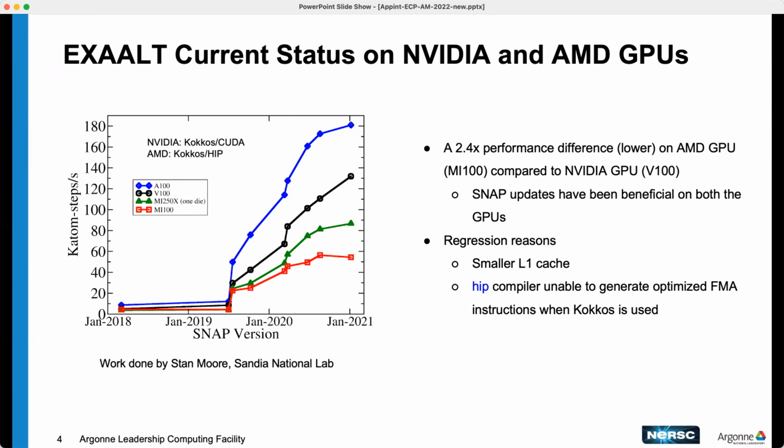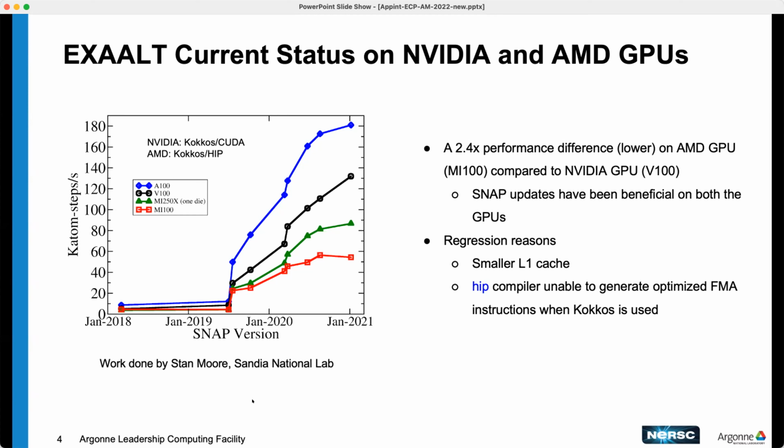For example, on NVIDIA's V100 GPU, we hit the L1 cache more than 90% of the time, whereas on MI100 that drops to around 62 to 63% of the time. One of the reasons was the smaller L1 cache. The other thing that we noticed was the HIP compiler was unable to generate optimized FMA instructions when the Kokkos framework was used as the front end.